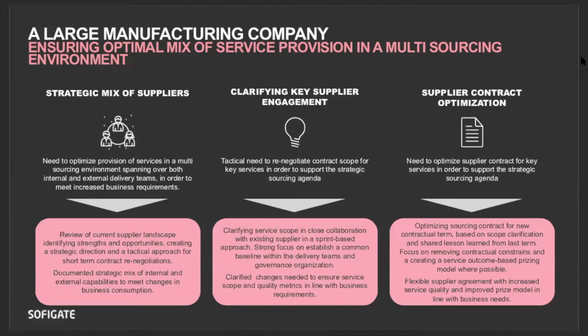We took a sprint-based approach where the delivery organization was involved together with the receiving organization, and they jointly looked into possible clarifications and sound structural changes to the services, which were then documented as a wish list for moving forward.